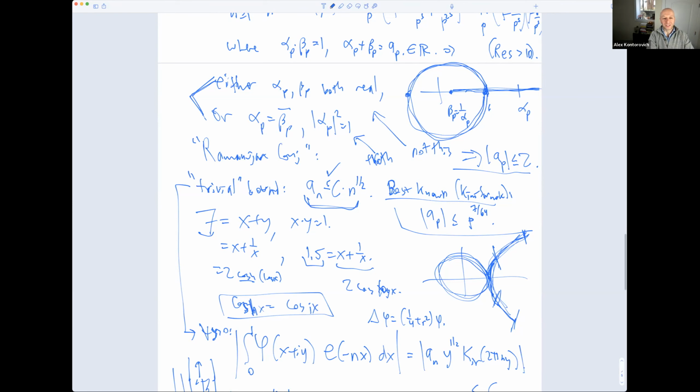Whereas if it was not 7, but something less than 2, 1.5, some random number, x plus 1 over x is also twice cosine of log, well, ix, I guess.